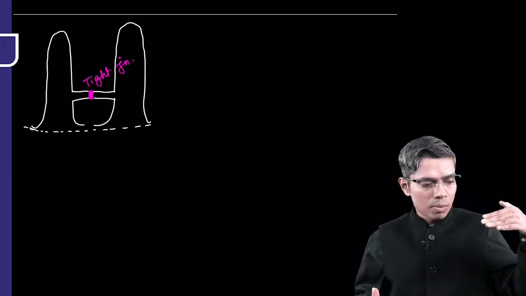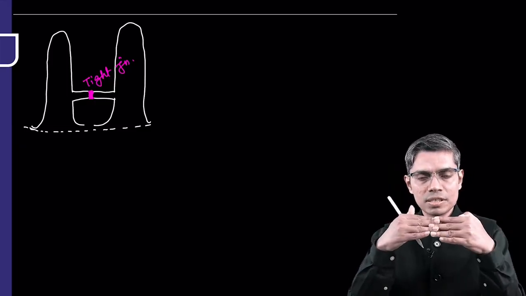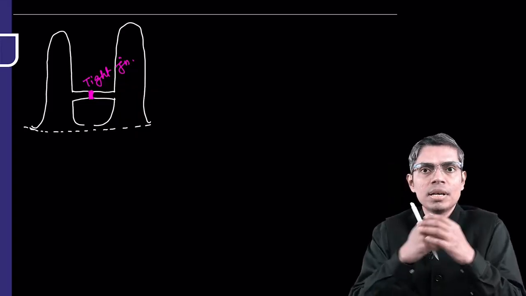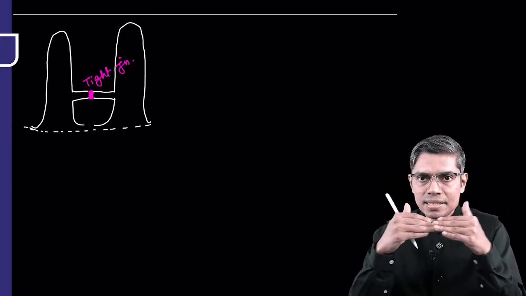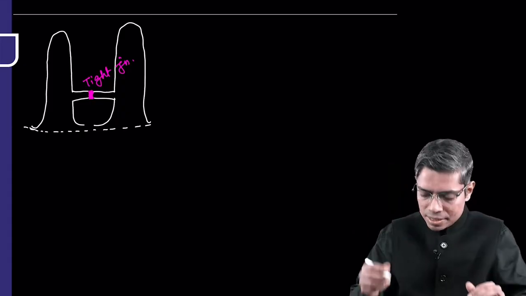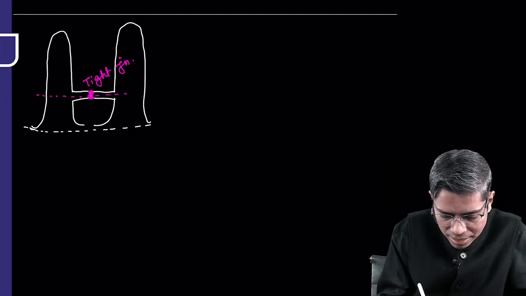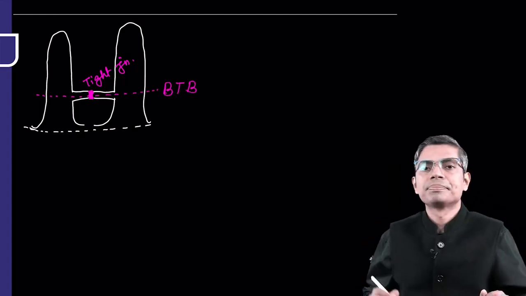So what is happening? One Sertoli cell is extending its process, another one is also extending its process. These two processes are attached with one another with the help of the tight junction, and whenever this tight junction attaches both Sertoli cells, it forms a barrier. So there is a barrier here, and this barrier is known as the blood testis barrier.